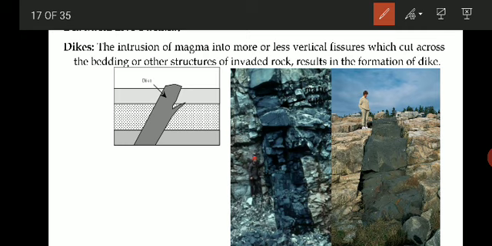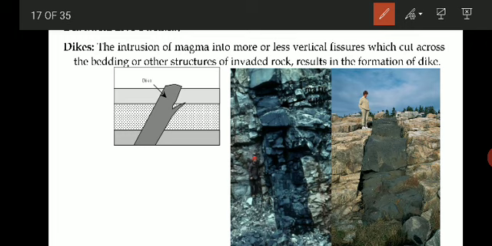These dikes are the result of filling up of the cracks present in the rock. Wherever there are cracks in the rock, the magma which is under pressure tries to come out through these cracks, and that results in the formation of dikes.